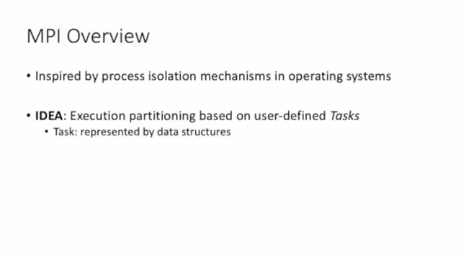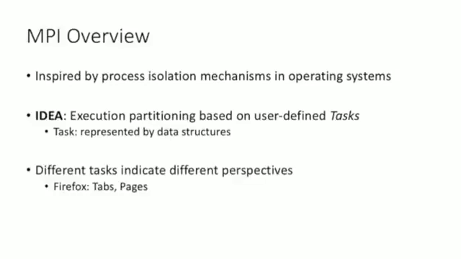We call this a user-defined task, and we will partition the program based on the definition. If you define different tasks, we can partition the program in different ways. Those will provide the investigators different perspectives to look at the attack. And the task is usually represented by different types of data structures, like Firefox's one-page tab, window, or individual DOM elements.